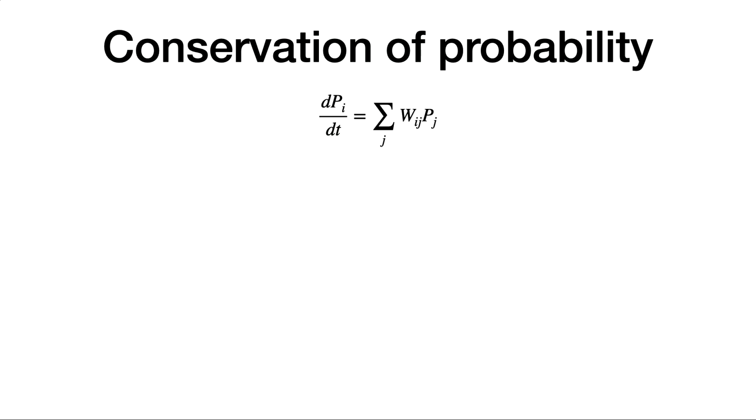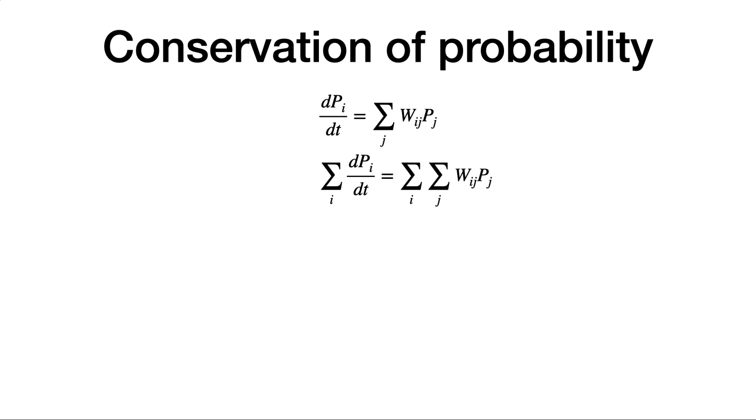This is my master equation: dp by dt is summation over j, wij, pj. Now I sum over all i. Why do I sum over all i? P of C1 plus P of C2 plus P of C3 plus P of Cn is my total probability. So I sum over all the i's on both sides.